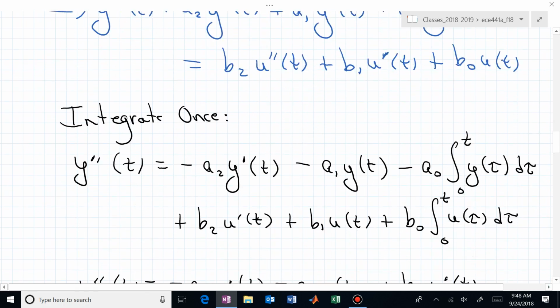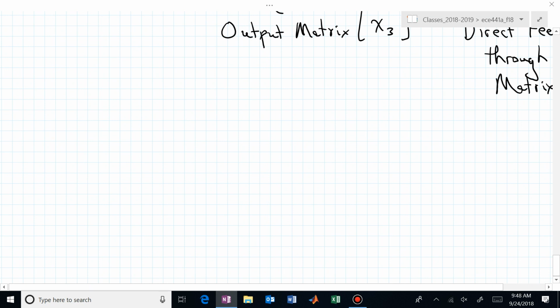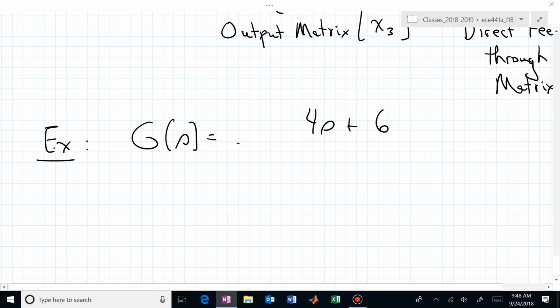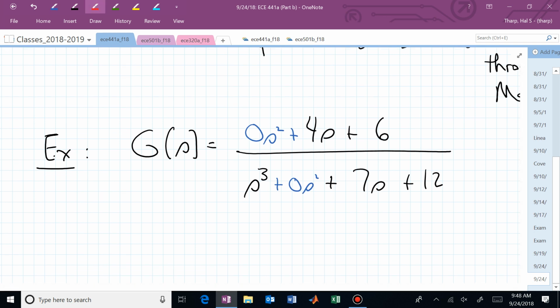So that now if I gave you something different, which I gave you at the beginning, I think, of the class, I said, here's g of s, and now I had a 4s plus 6 over s cubed plus 7s plus 12. And in this particular representation, do you see that we had a 0s squared and we had a plus 0s squared down below? And where are the B's and the A's?